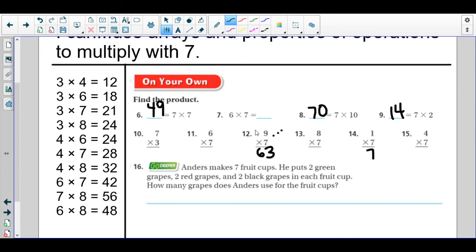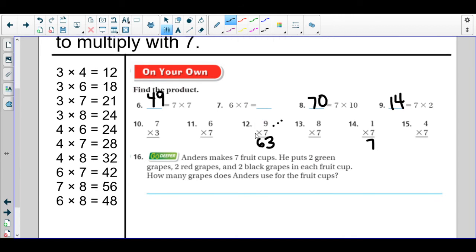All right. And so let's see what we can do here. 6 times 7. Yep, that one's right here. 6 times 7 is 42. 7 times 3.